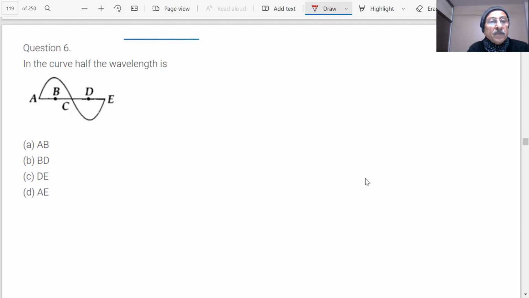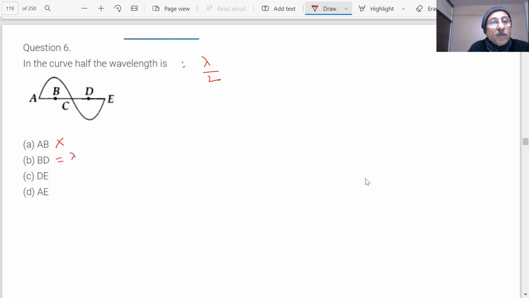Now just read the question. Sir, BD. What about AB? What is half the wavelength, lambda by 2? AB is not correct. BD, what is BD, students?